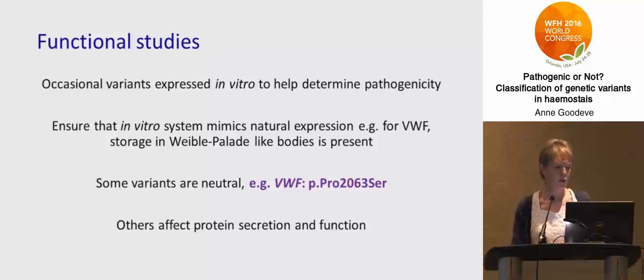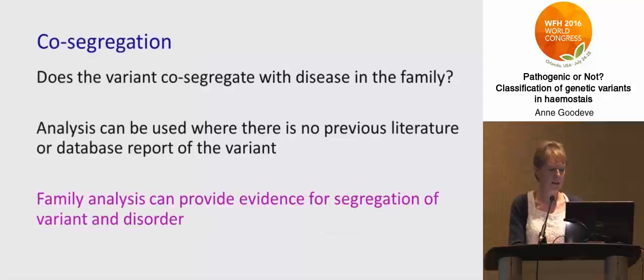As I mentioned earlier, functional studies may have been helpfully done by somebody else to help determine pathogenicity, or occasionally we can look at those ourselves. We want to make sure that the system being used is relevant for the cell type. For example, for von Willebrand factor, the system used could enable storage in Weibel-Palade-like bodies, where we may see that variants like this annoying one of ours actually have no impact at all, but many others will.